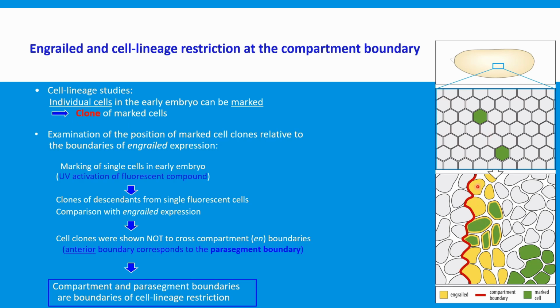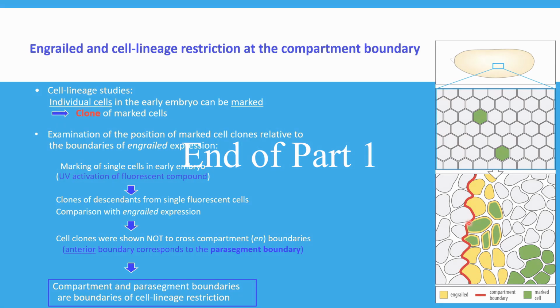Without engrailed, some of these cells passed over into the next compartment. So we had green cells here and here in the absence of engrailed. So engrailed's role then was to make this border. And we'll see why it is important to keep this border in place when we want to make the segments, and how important it is for cell differentiation later.